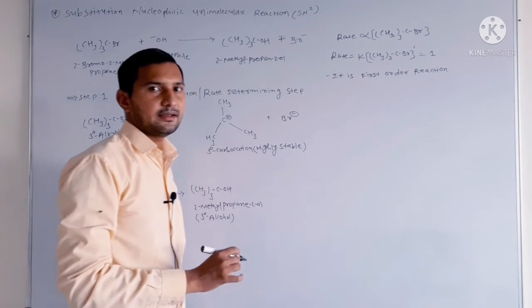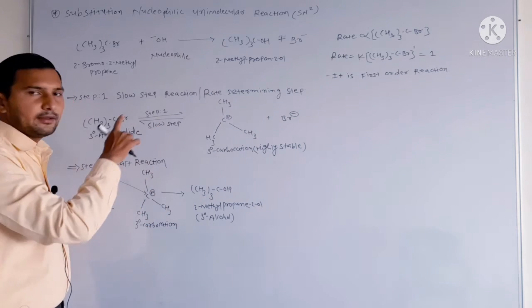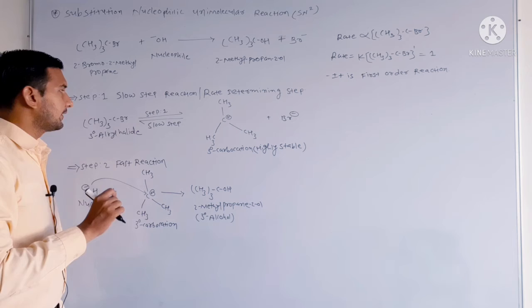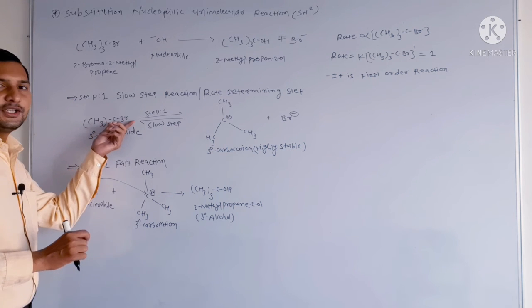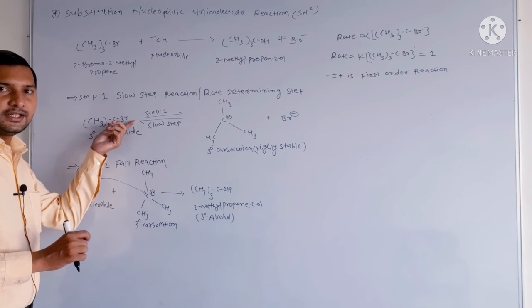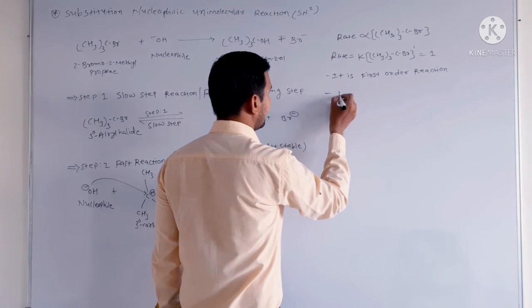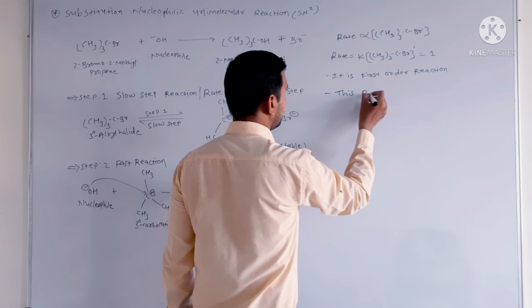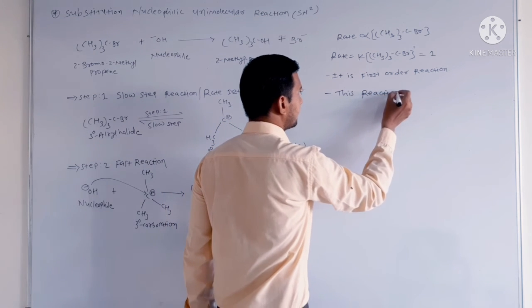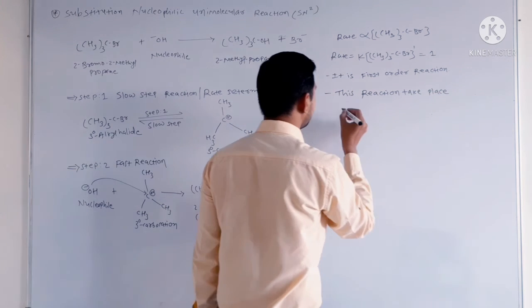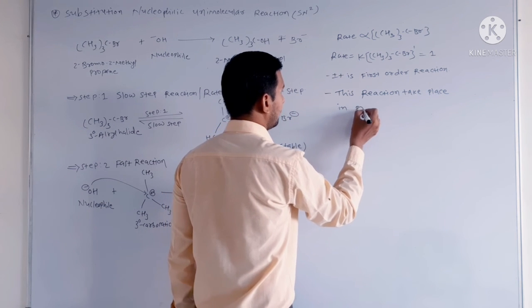This entire reaction takes place in solvents which are polar in nature, because the C-Br bond is broken with the help of energy gained from the protic solvent. So this reaction takes place in protic solvent.